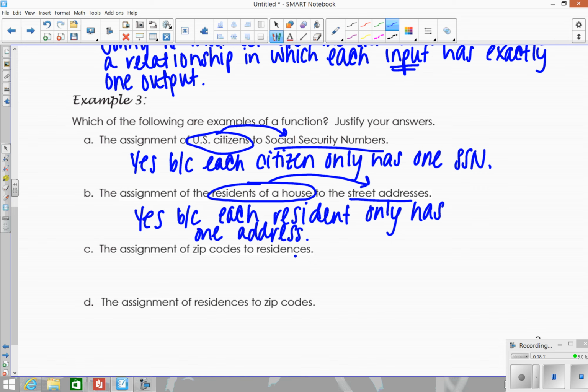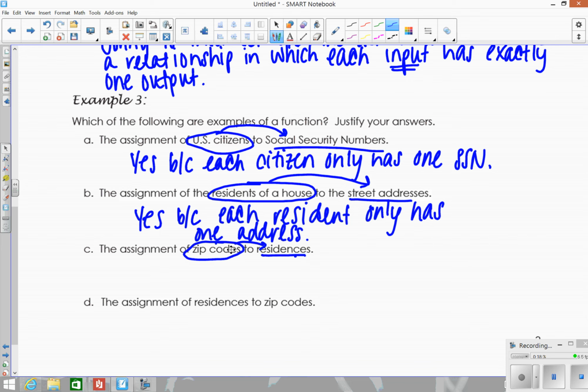Okay, so then the next one here, the assignment of zip codes to residents. Think about your zip code. Could that go to more than one person other than you? And the answer is yes. A zip code goes to multiple people. So one zip code is going to go to multiple residents, all of the residents that live there.